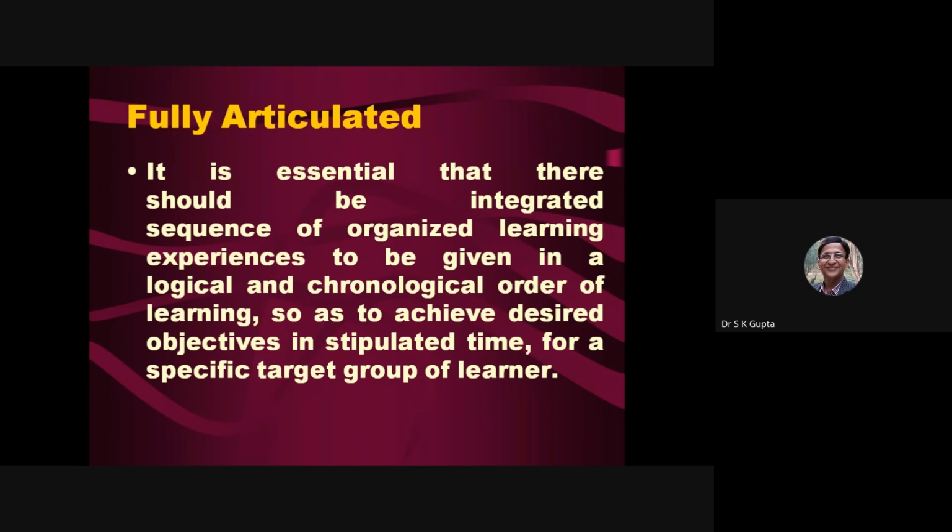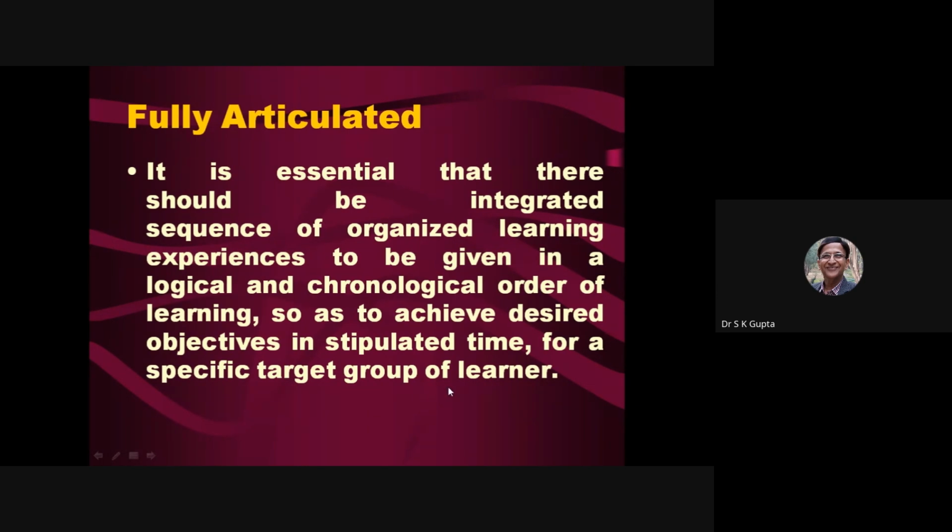It means our curriculum should be logically arranged in order of learning, so as to achieve desired objectives in a stipulated time frame for a specified target group of learners.